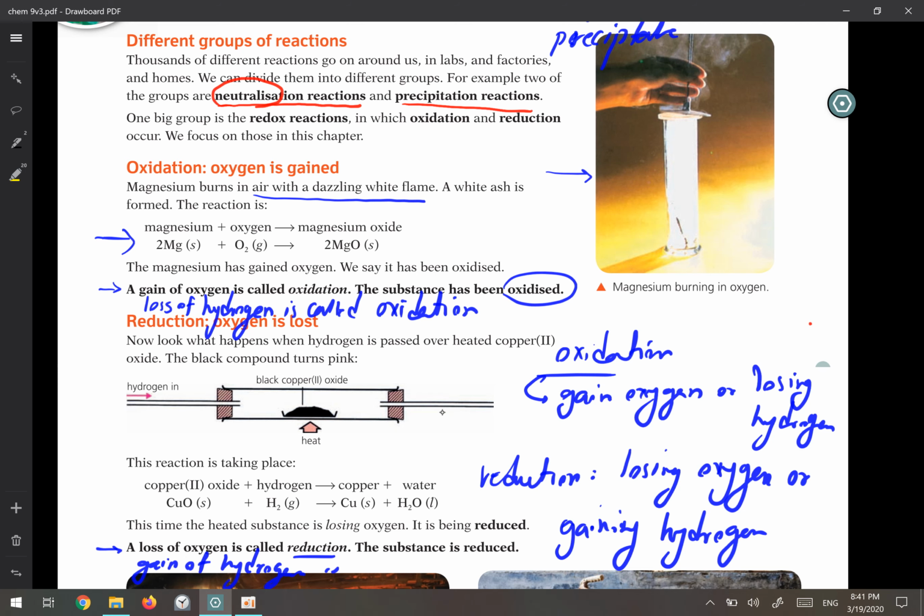You can see a white flame here in this container, that is the burning of magnesium. When magnesium burns in the air, it reacts with oxygen and produces magnesium oxide, MgO. Magnesium has gained oxygen, so it's converted to magnesium oxide. So this reaction is called an oxidation reaction.